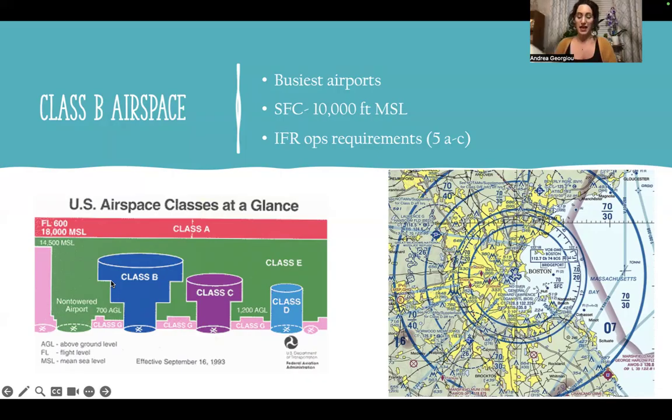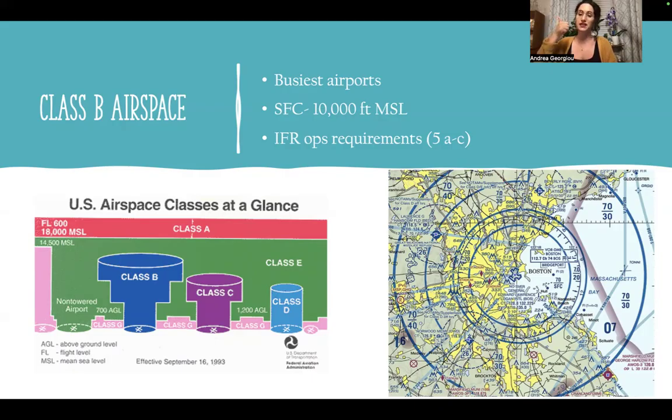So let's go. In our book, chapter 3-2-3, Class B airspace. Definition. It says, generally, that airspace from the surface up to 10,000 feet MSL. And it says it surrounds the nation's busiest airports. Highlight the words busiest airports in terms of IFR operations or passenger enplanements.